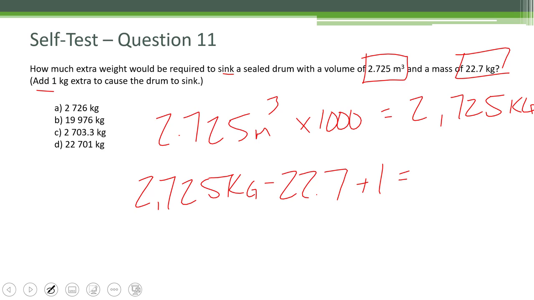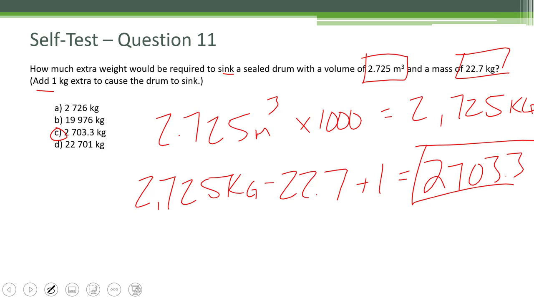So 2725 minus 22.7 plus 1 should be 2,703.3. That's how much we would have to add. That's our answer, 2703.3. I guess it would be C.